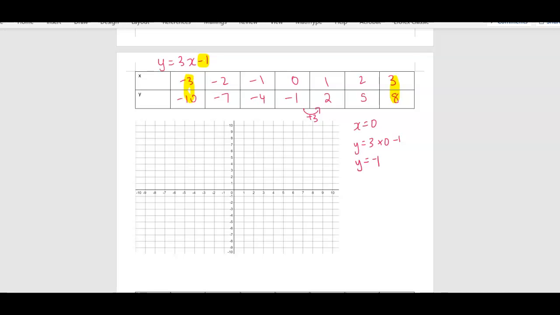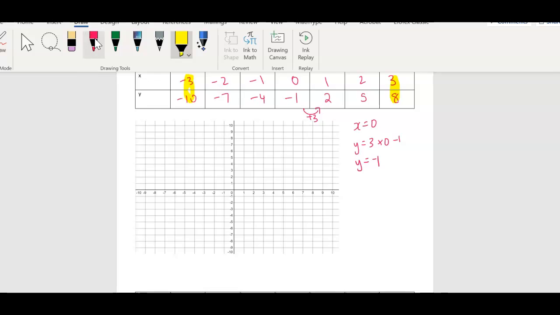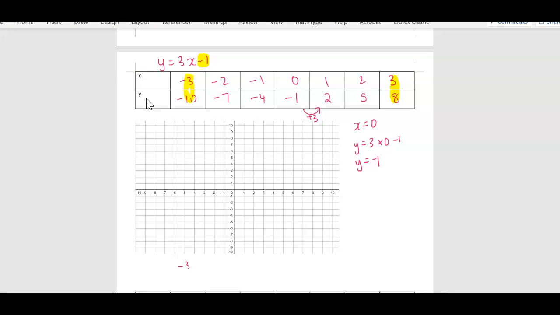All right, so if you choose 2 points that are close together, it's not going to be as accurate. So I'm going to plot -3, -10, and 3, 8. So -3, -10 is down here. And 3, 8, which is up here.